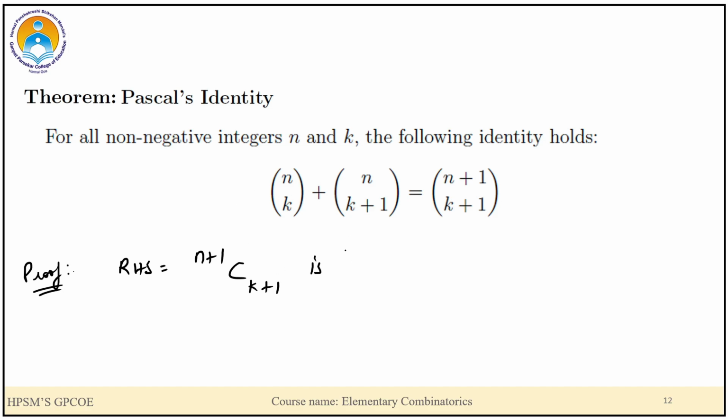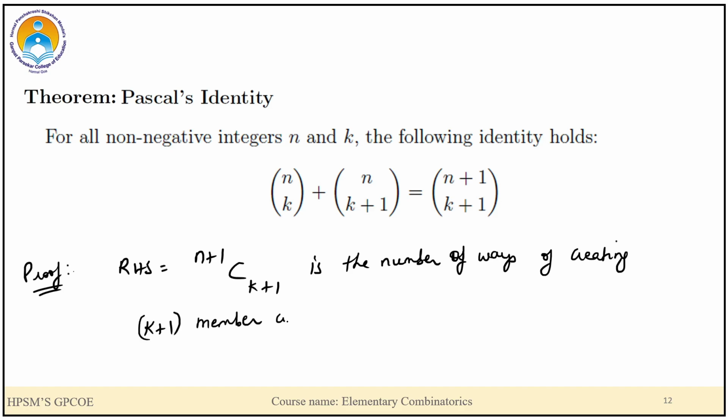So we can clearly write here that the right hand side is the number of ways of creating k plus 1 member committees from a group of n plus 1 people.